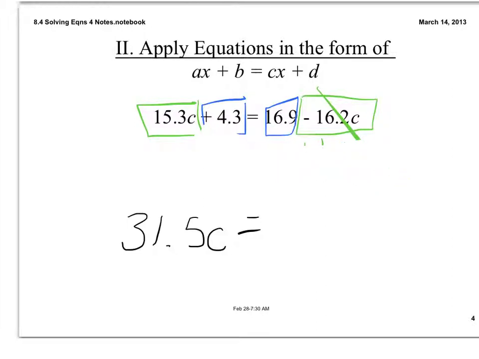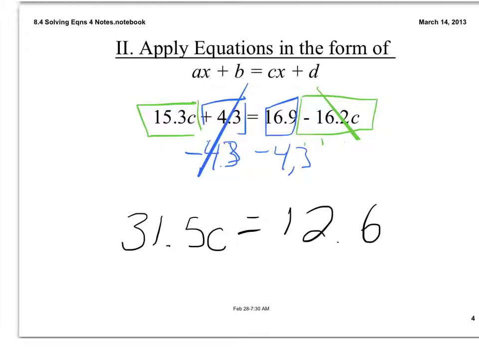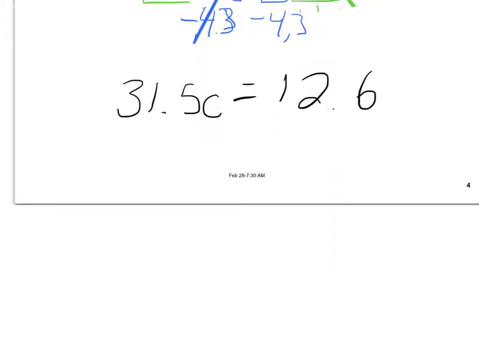So to move 4.3, subtract and subtract. So it cancels there on the left, leaving you with 12.6 on the right.